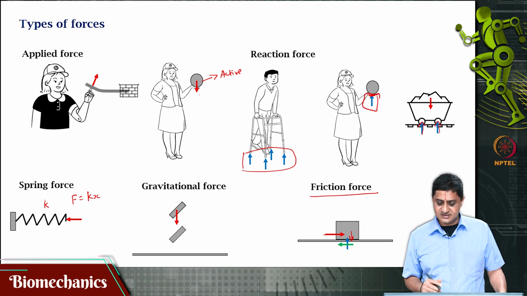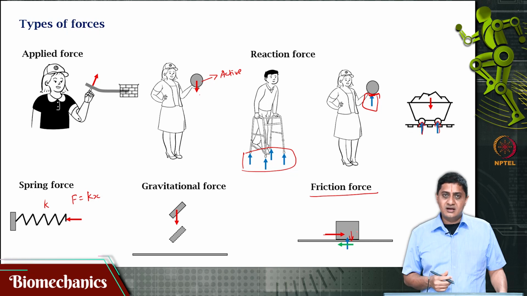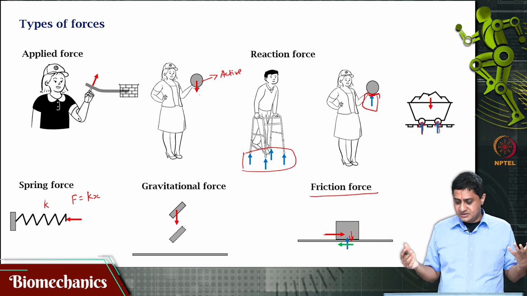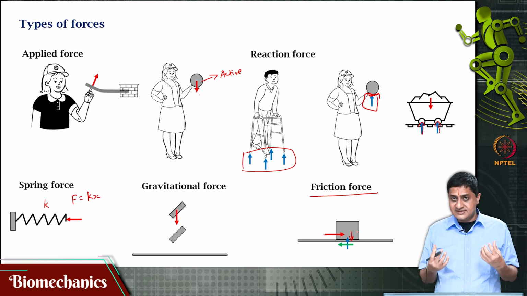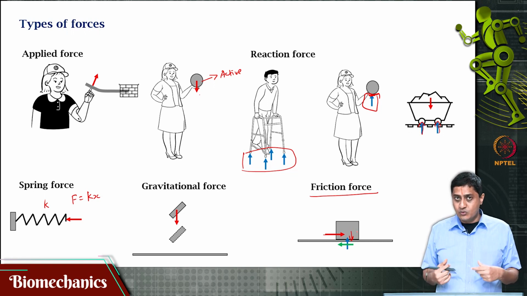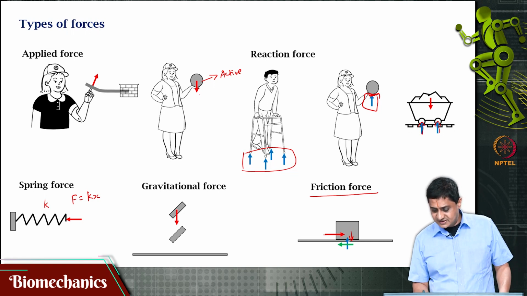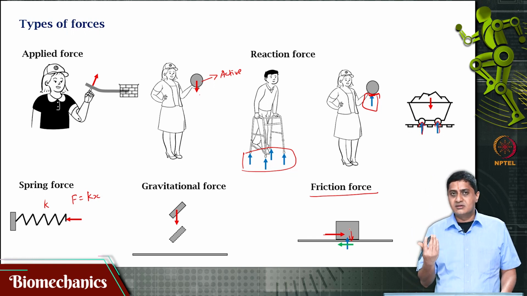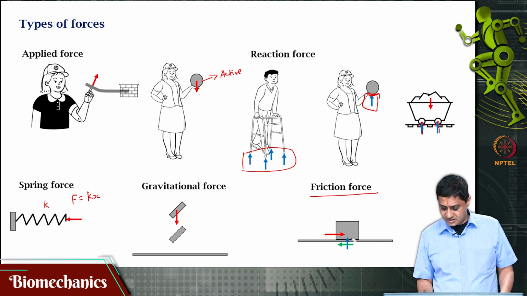Let us say this block has a weight of 1000 newtons, then because this block is not accelerating downwards, this table or the surface is applying a 1000 Newton force in the upward direction, that is shown in blue here. This is the normal force.